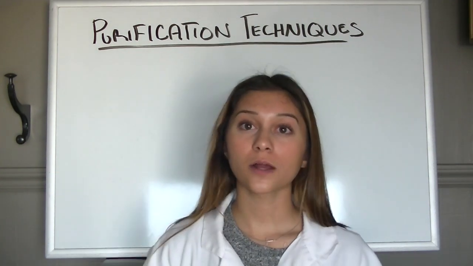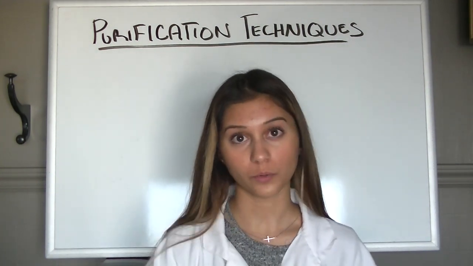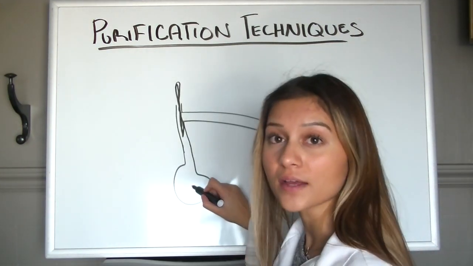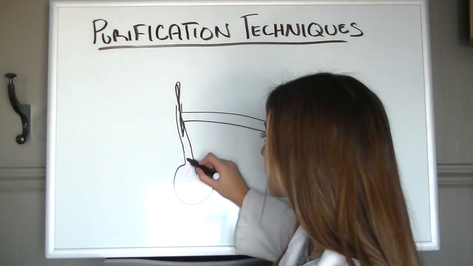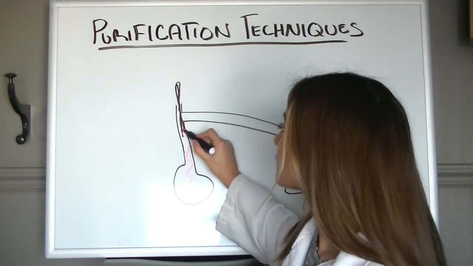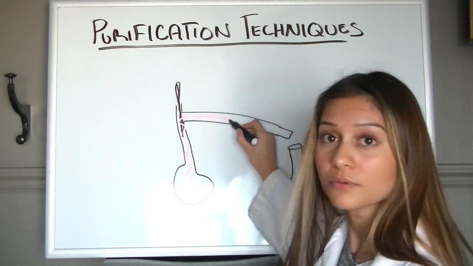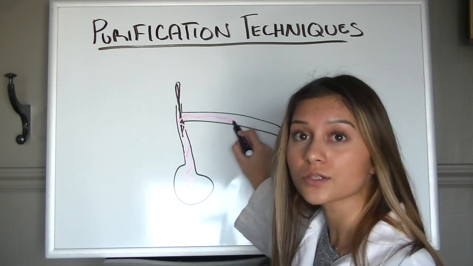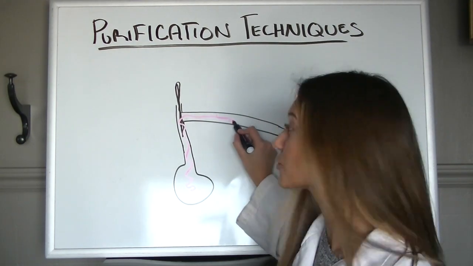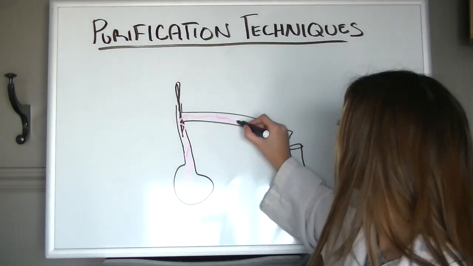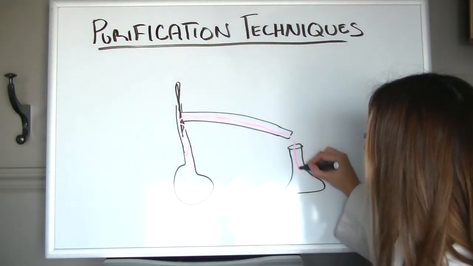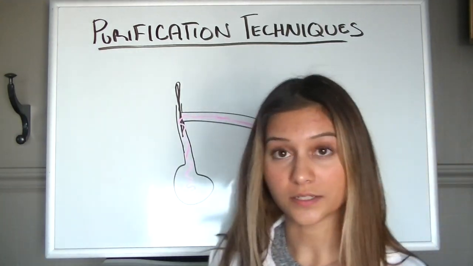The more volatile compound, the one with a lower boiling point, will be the fastest to evaporate. The gas that has been evaporated from the liquid will rise up to the thermometer. Then it will proceed through the condenser. The condenser will cool the gas, causing it to condense and return back into its liquid phase, which will then come out the other end of the condenser and into our collecting vessel.